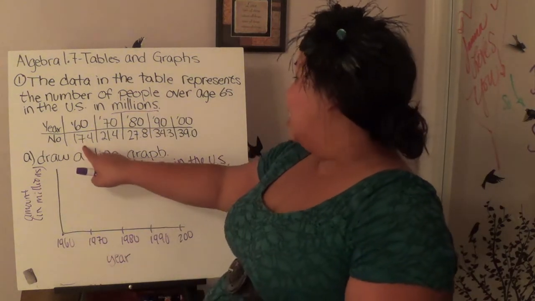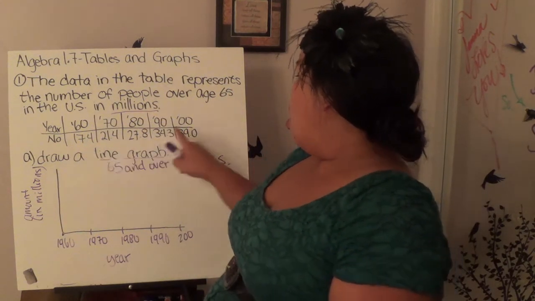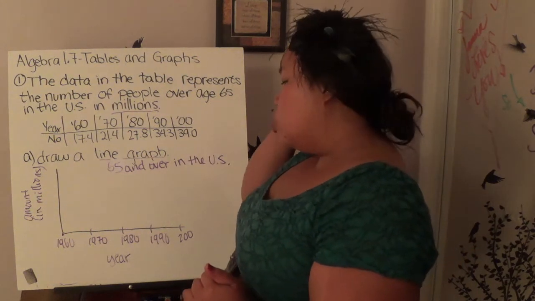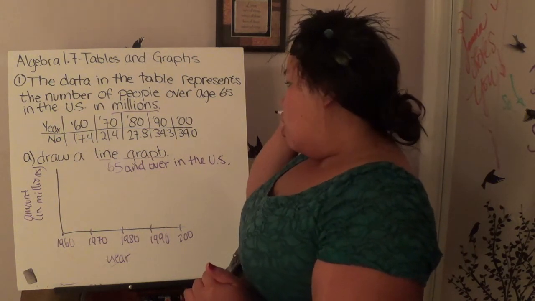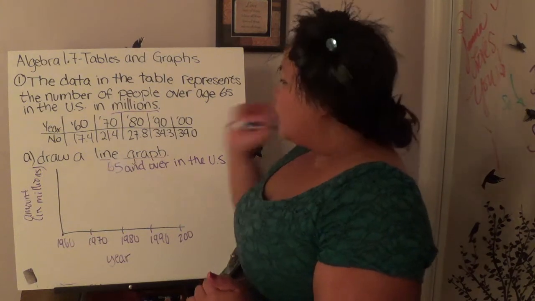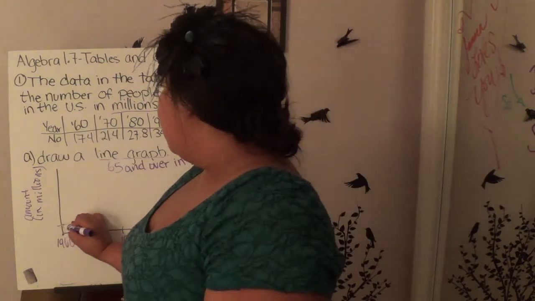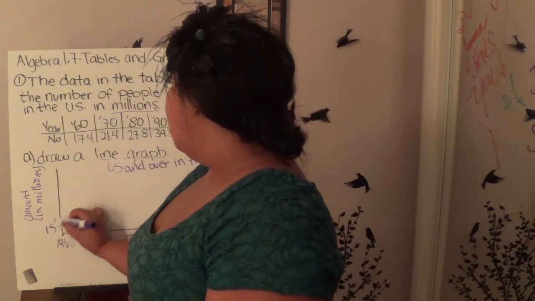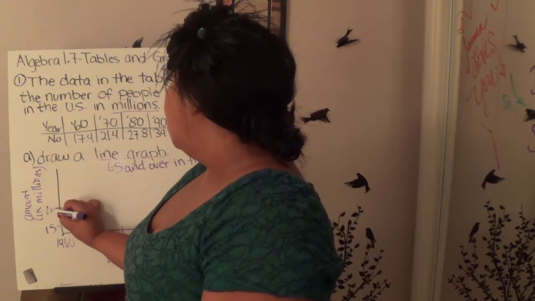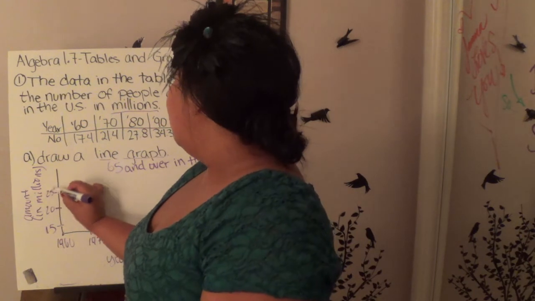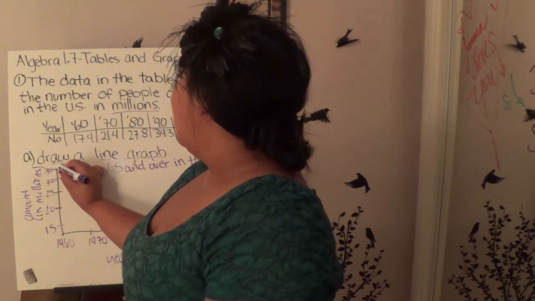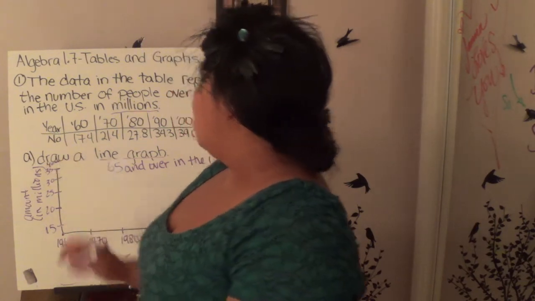So it seems like 17.4 is my smallest and 39 is my biggest. So let's start with maybe 15 and go by 5. So 15, 20, 25, 30, 35, and then 40 over here.